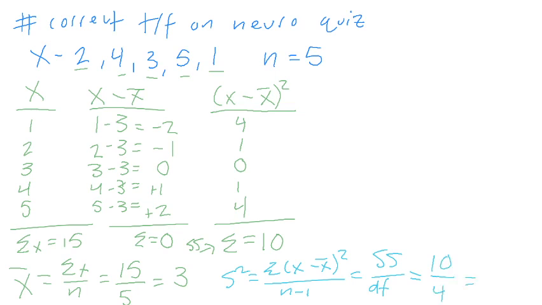We get a variance of 2.5. And then moving on from here, we can take the square root of that 2.5. Let's go ahead and do so. I'm actually going to do it up here. So our standard deviation is equal to the square root of our variance, which in this case gives us something like 1.581. Okay, there's our standard deviation for this particular data set.